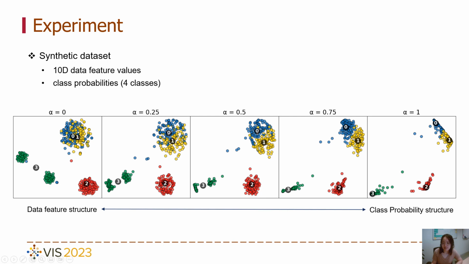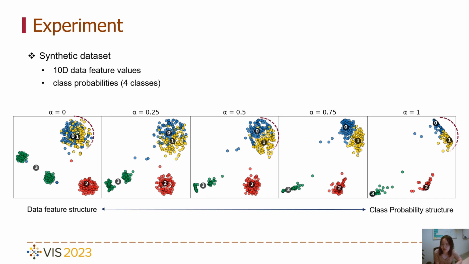As you can see, by combining data feature structure and class probability structure, some visual patterns emerge as expected. The 2 clusters of the same class 3 shown in the class feature structure are still preserved but get closer when alpha equals 0.5.